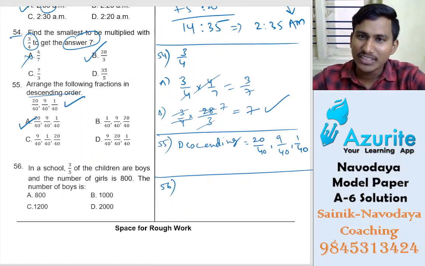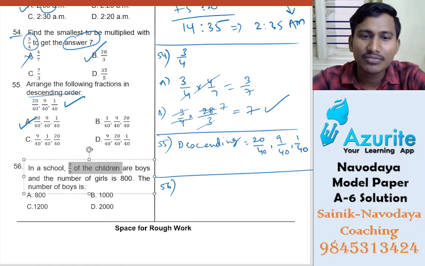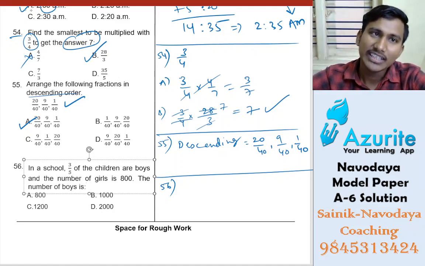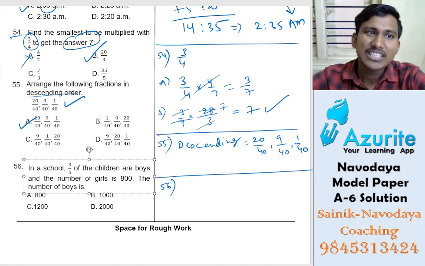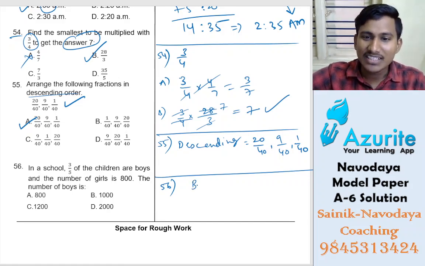Now let us go to 56 question, students. See here, in a school 3/5 of the children are boys and the number of girls is 800. The number of boys is? So here how should you do? Listen here. Boys plus girls both will be the total in the school, right? So boys are 3/5.